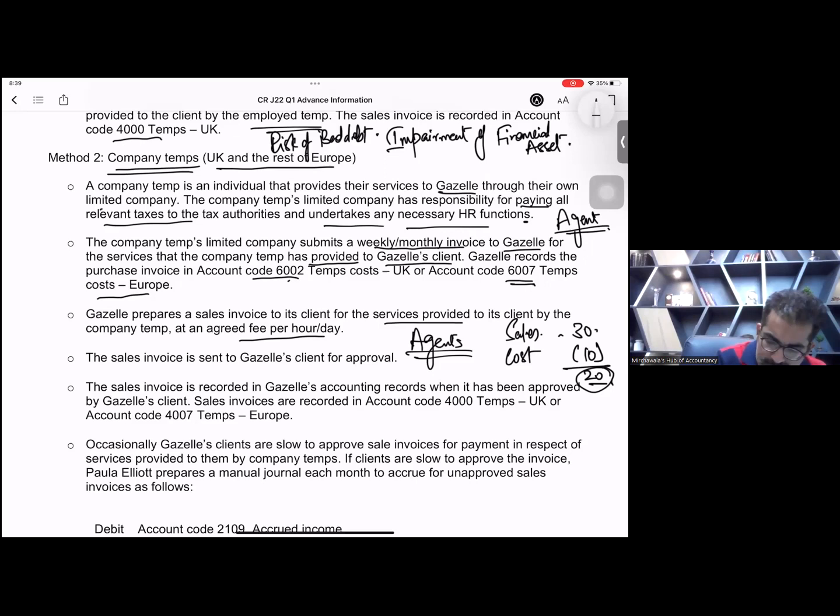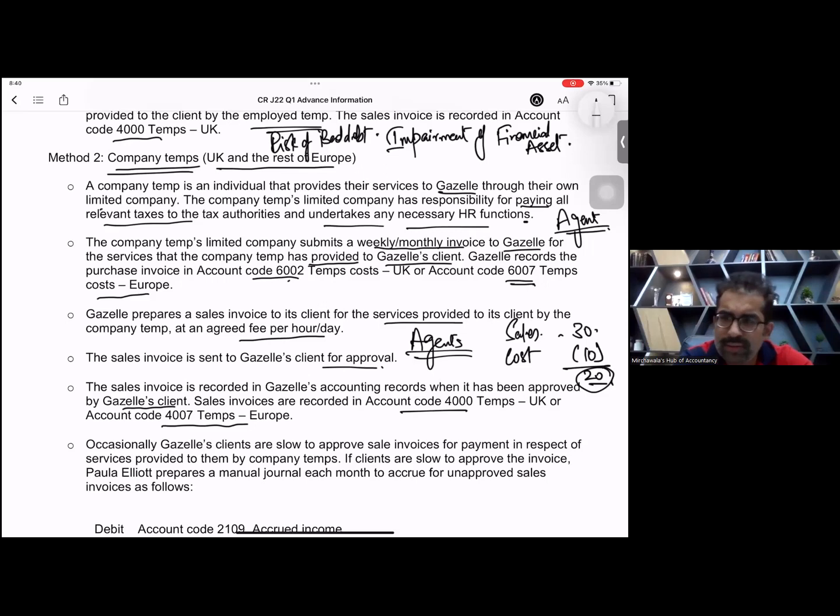The sales invoice is sent to Gazelle's client for approval. The sales invoice is recorded in Gazelle's accounting records when it has been approved by Gazelle's client. Sales invoices are recorded in account 4000 TEM and 4007 for Europe. Now, again, this is the risk. This is a normal risk that first they are sent for approval.